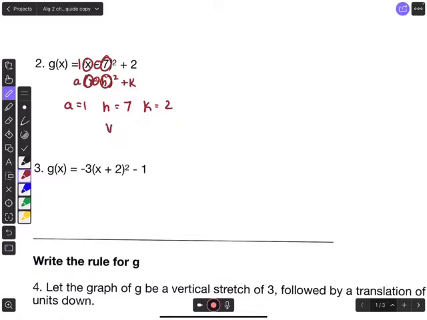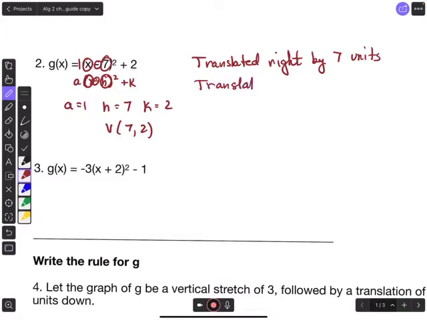And so the vertex for this is at 7, 2. And so we say translated right by 7 units. Translated up by 2 units.